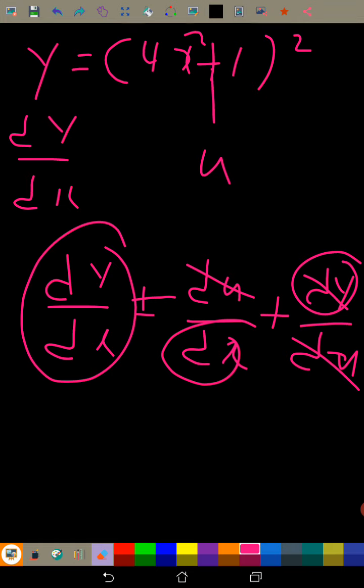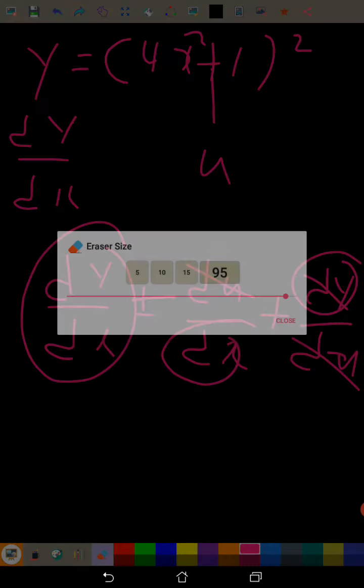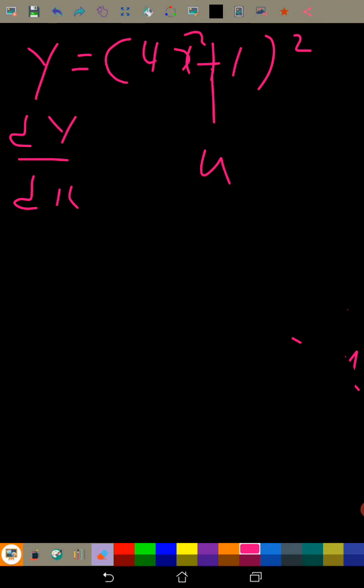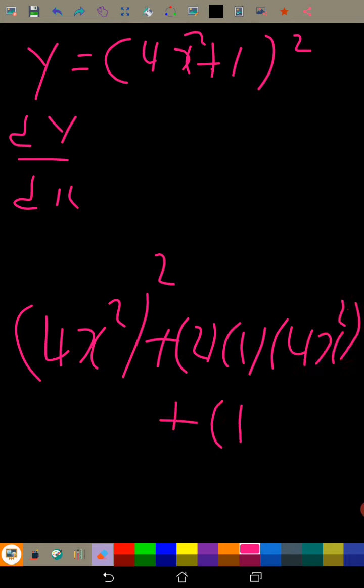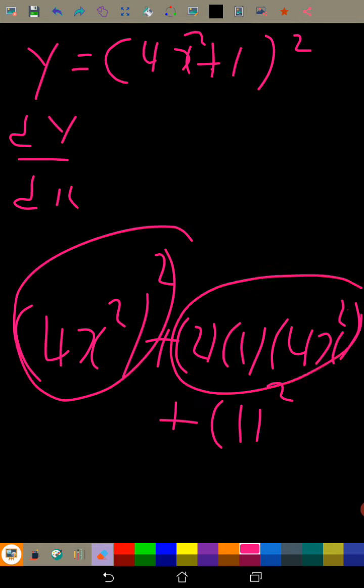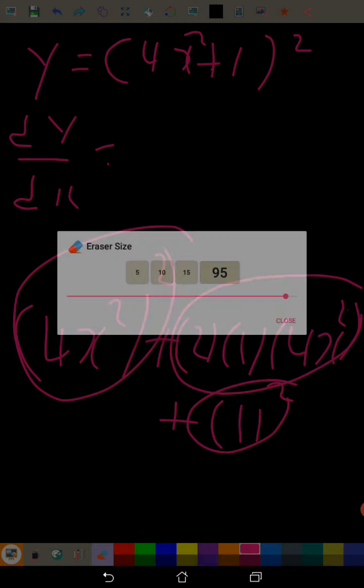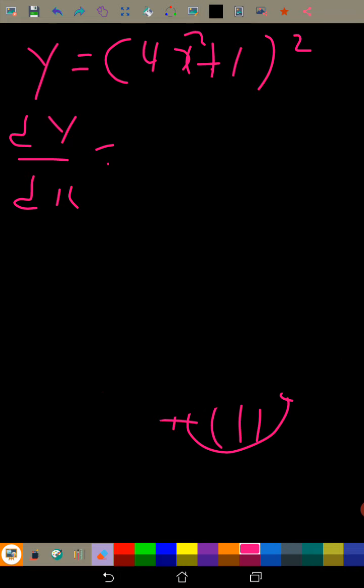And we also can do it in a faster way. We don't have to expand this and differentiate term by term. We are used to differentiation now, so we just differentiate like this.